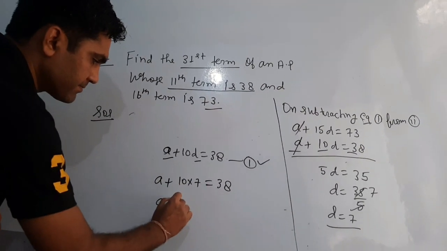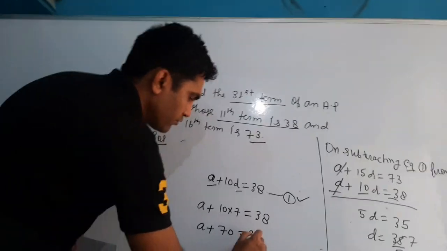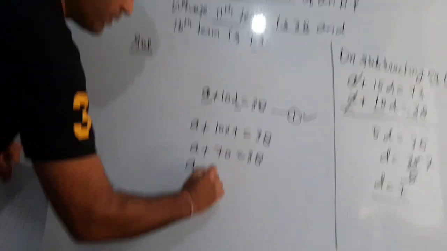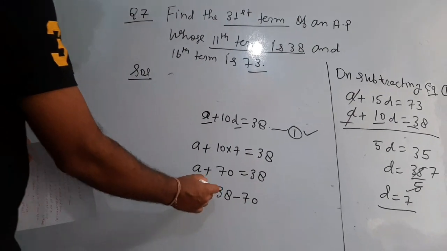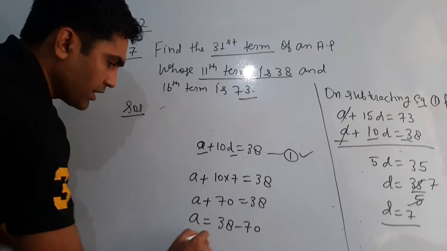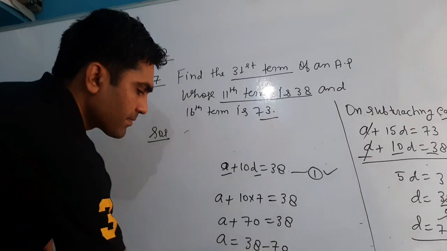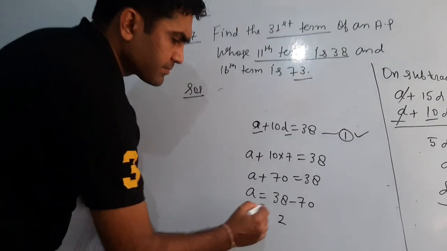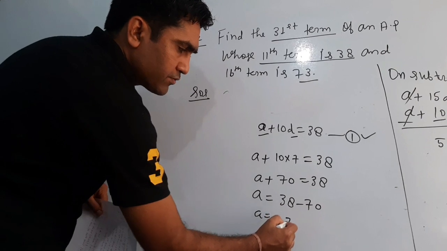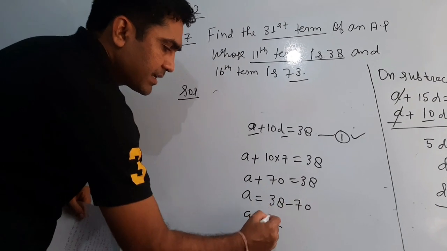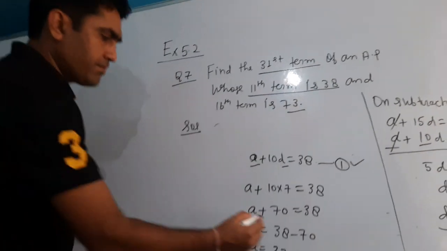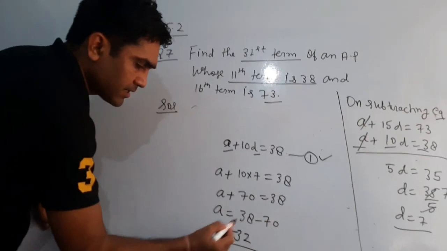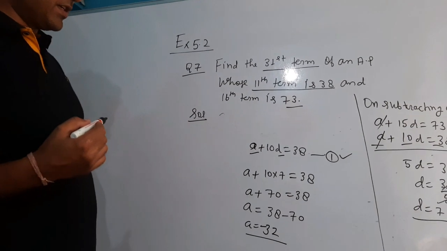A plus 70 equal to 38. So A equal to 38 minus 70. If you subtract 38 minus 70, you will get minus 32. A equal to minus 32.